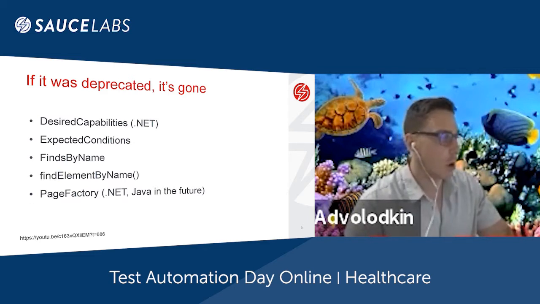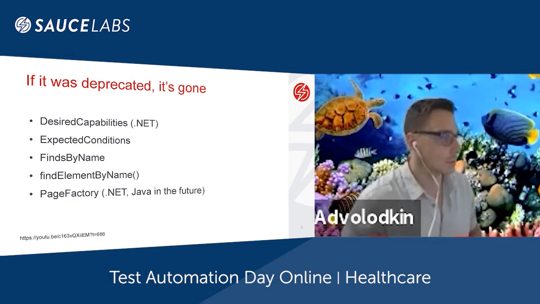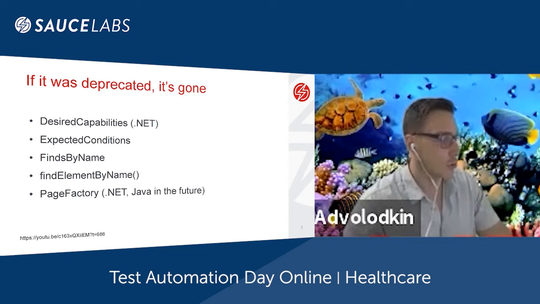That's one of the reasons why they're moving it out of the core Java bindings. And so overall, I don't really recommend that we use it in general, but just so you know that if you do migrate to 4, you'll need to pull in new packages. In Java, it's not gone yet, but it will be in the future.